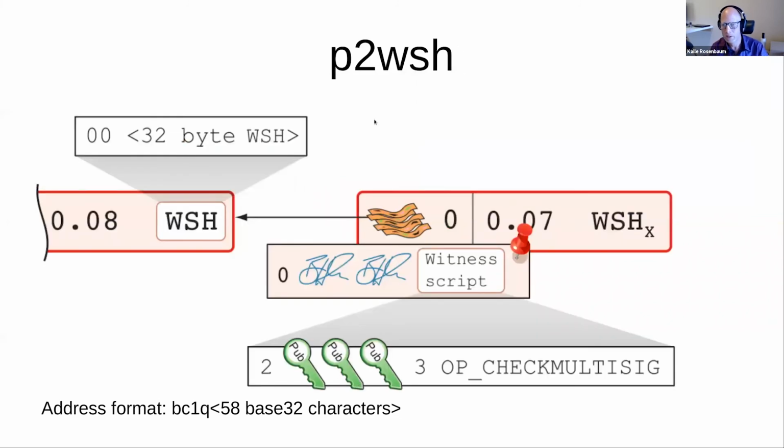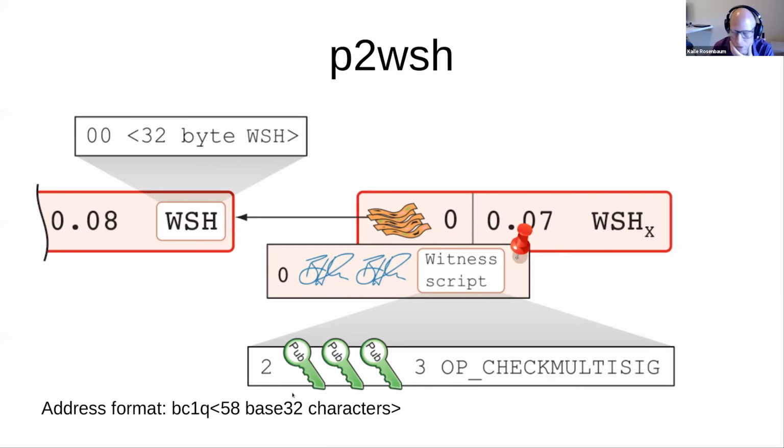And then you have pay to witness script hash, which is the SegWit version of pay to script hash. So you have the witness script hash in the output. Well, you have the version byte also, but a 32 byte witness script hash. And then in the witness, you have the witness script, which must match the witness script hash, the witness program. And then you have some input that satisfies this witness script.